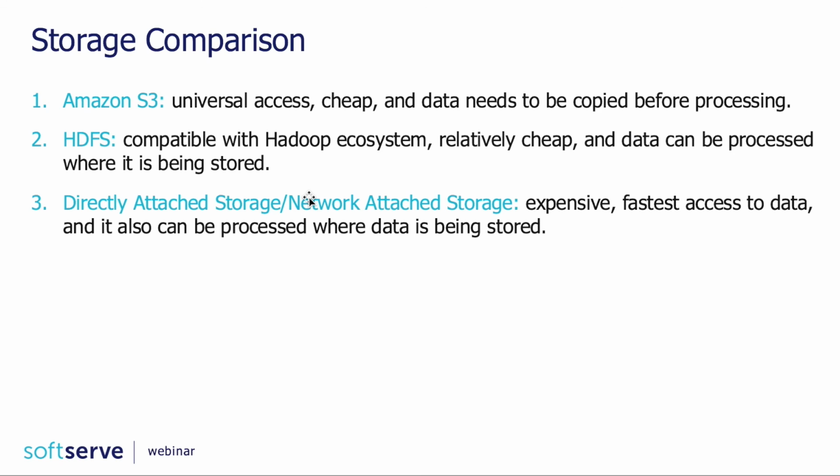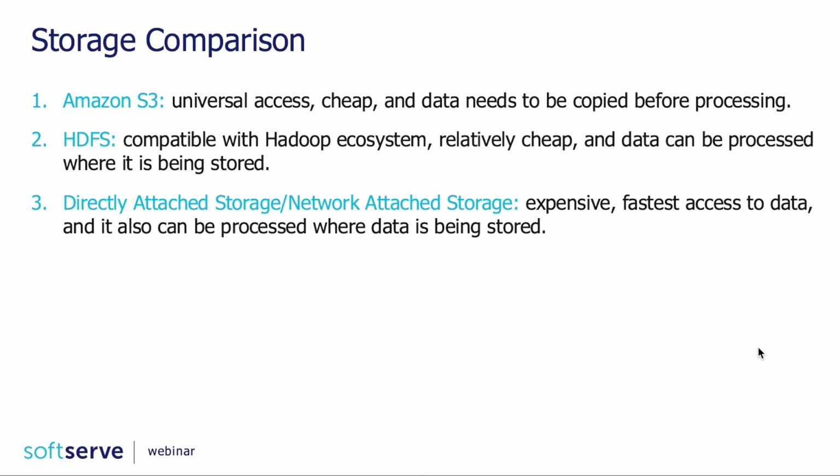So the storage comparison I give you is very brief, to give you an understanding of the difference and which storage to use when. As I mentioned before, Amazon S3 is universal access, very cheap, very scalable storage, which will be compatible probably with most of the software which you will try to use in the big data world. HDFS is a very nice, very scalable and quite fast file system, but it's really locked to the Hadoop ecosystem.